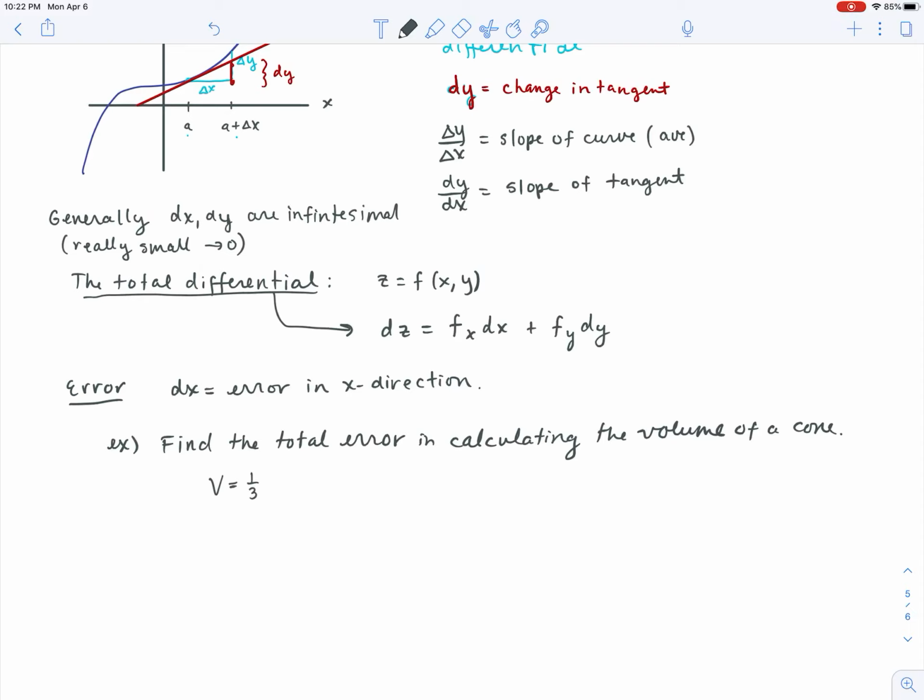For a cone, that is 1/3 pi r squared h. Notice volume is in terms of radius and height. So those are our two independent variables.